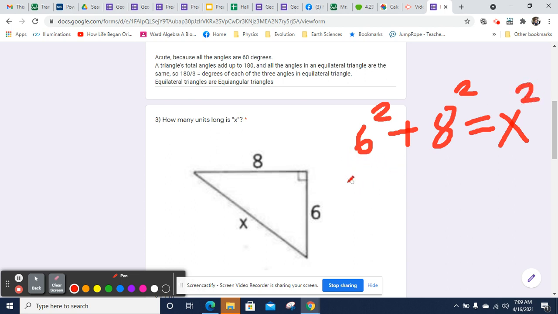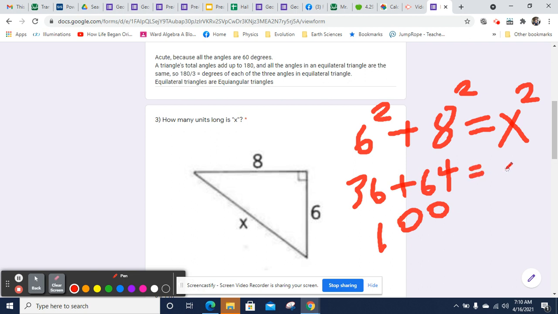So we're going to say 6 squared is 36. 8 squared is 64. Add that together, we get 100. And that's all equaling x squared.